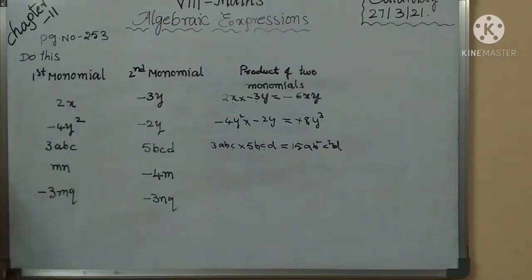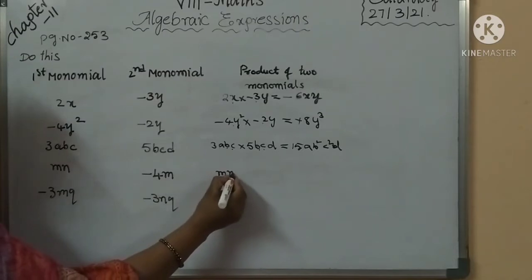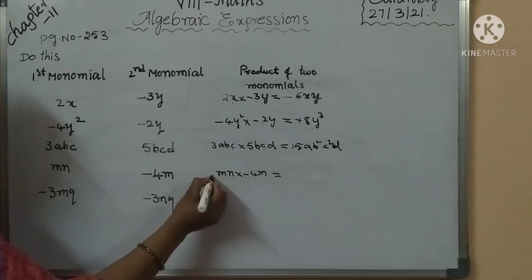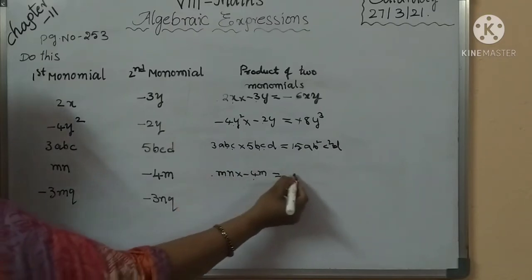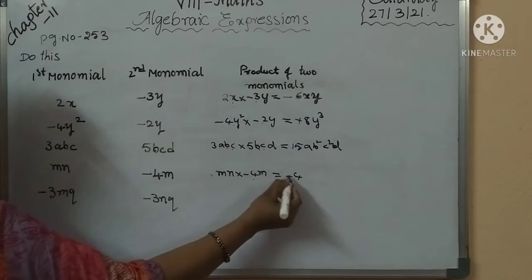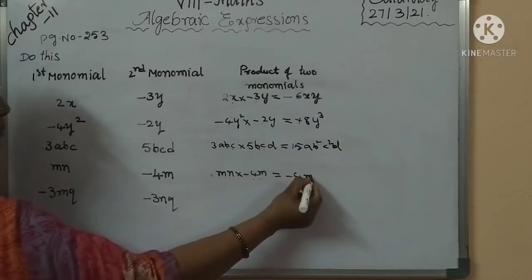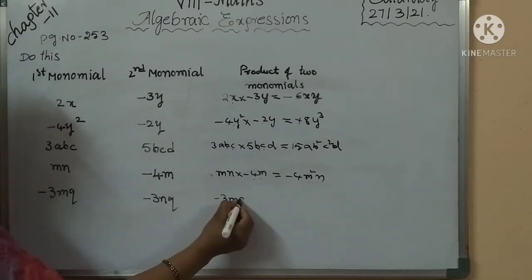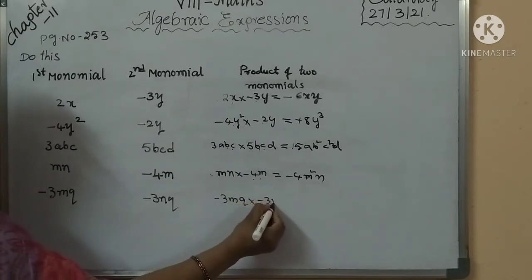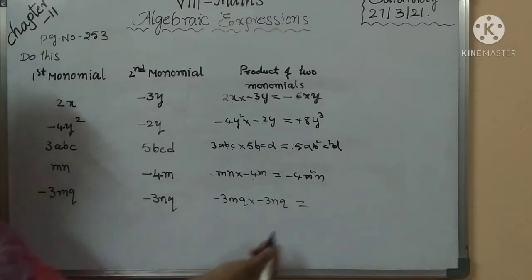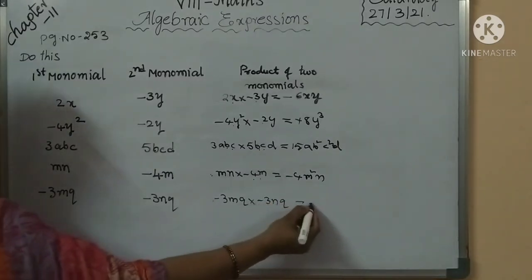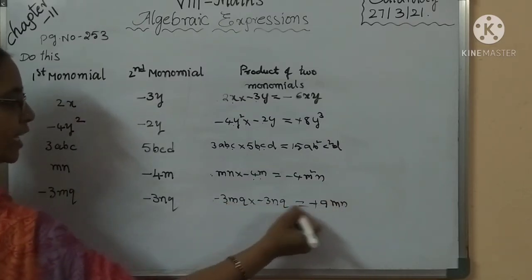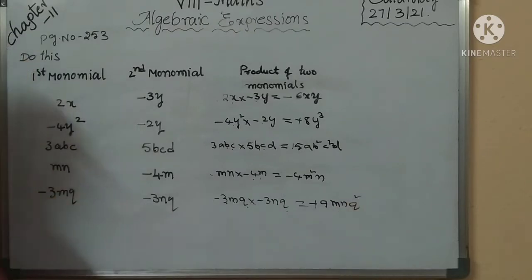Next, mn into minus 4m: the coefficient of mn is 1, 1 into 4 is 4, plus into minus is minus, m into m is m square, and n. Understand, children? So here minus 3mq into minus 3nq is equal to, minus into minus is plus, 3 3s are 9, m into n is mn, q into q is q square.